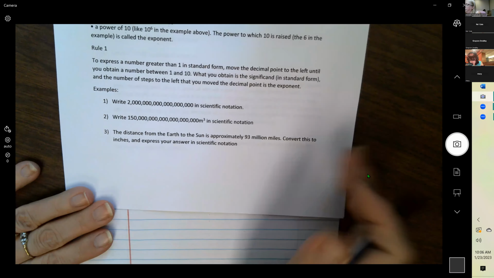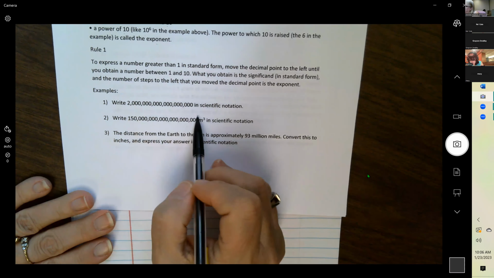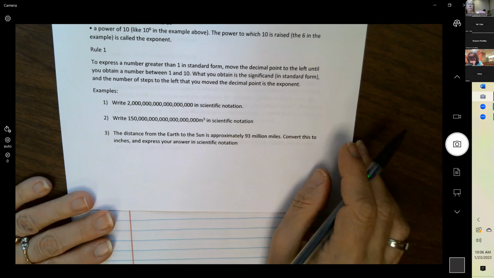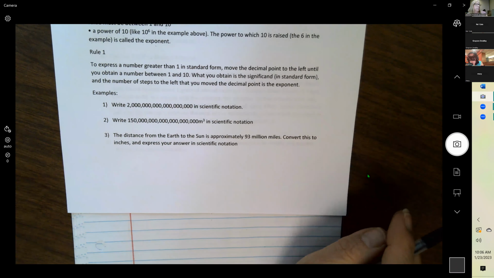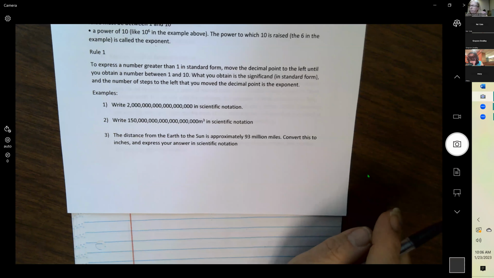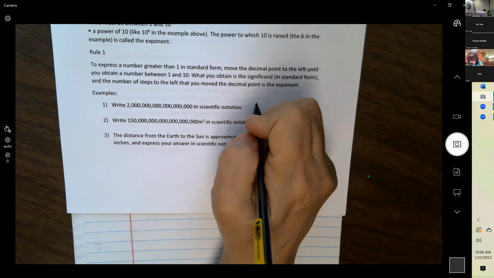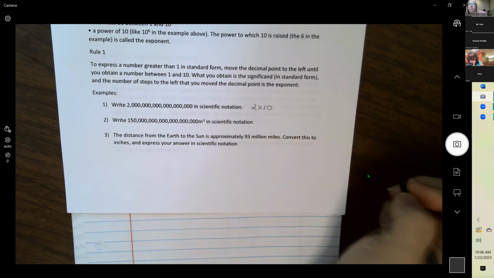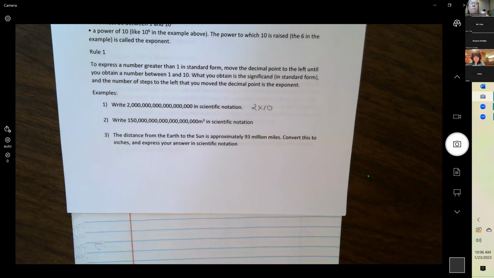Let's try a couple. So write this number in scientific notation. Two.